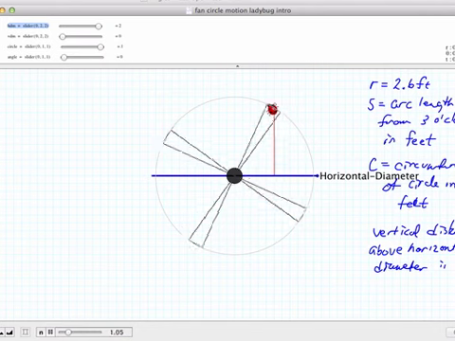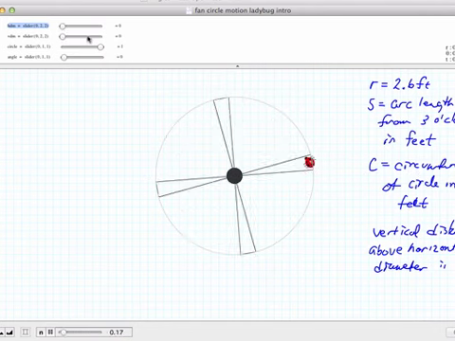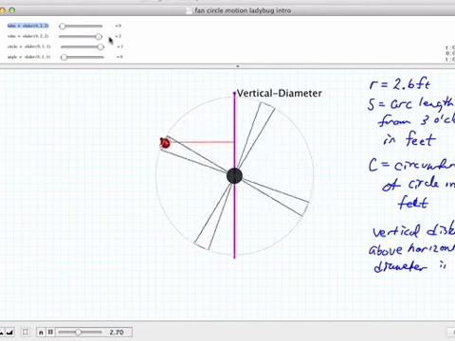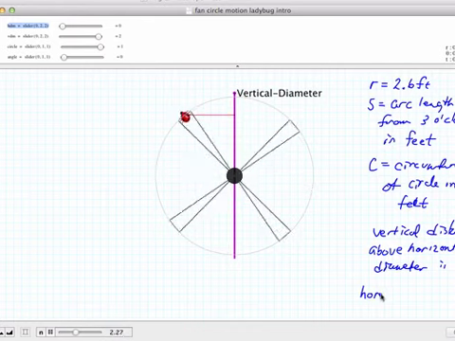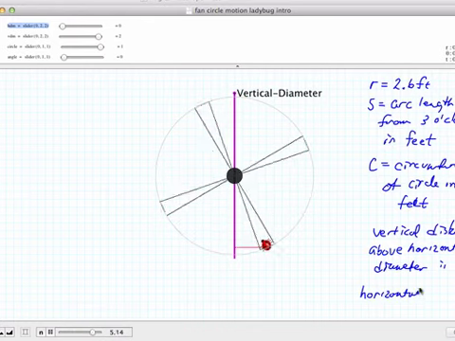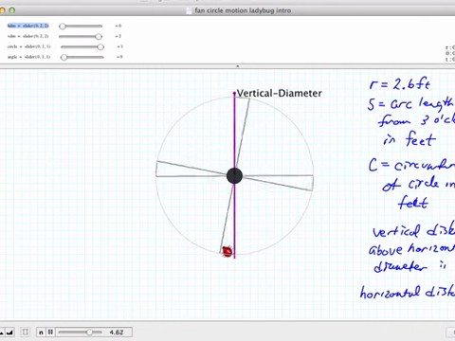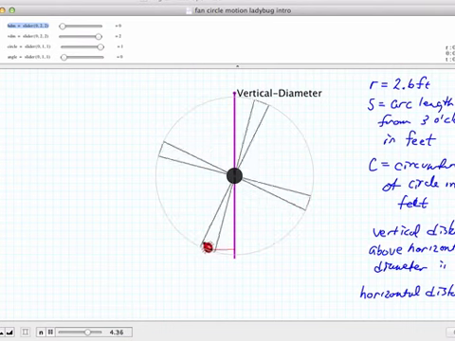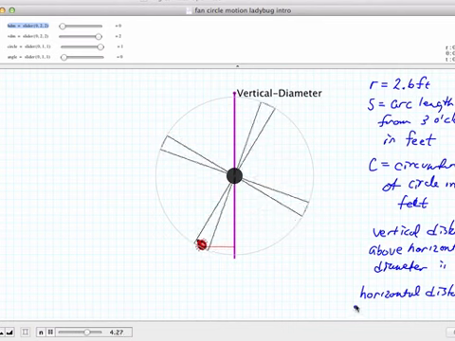So going back to our horizontal distance, how are we going to define the horizontal distance? What are we going to say? Horizontal distance to the right. We want positive to be to the right.